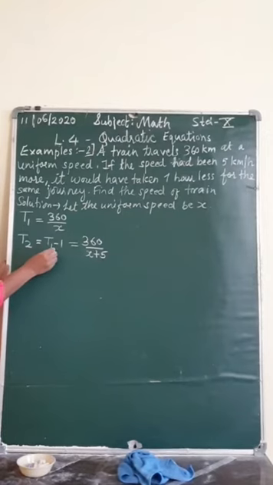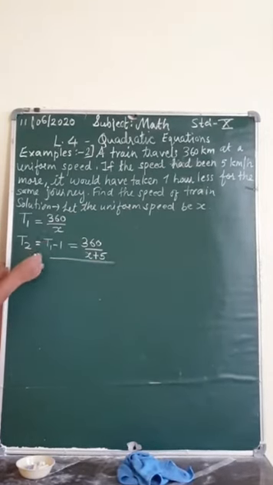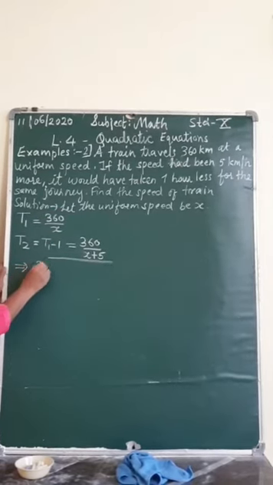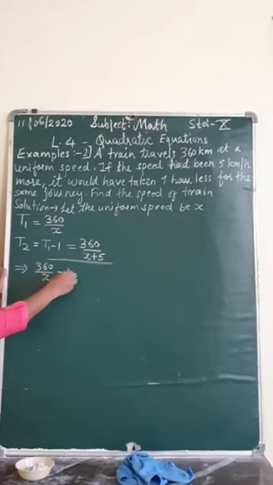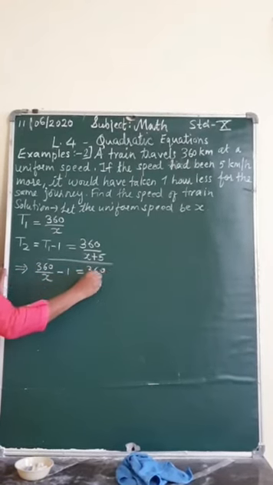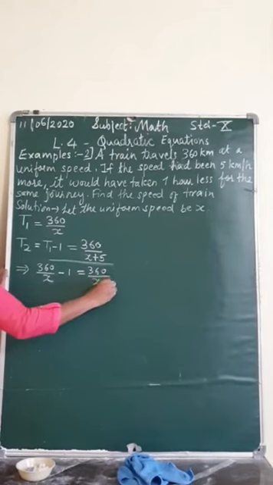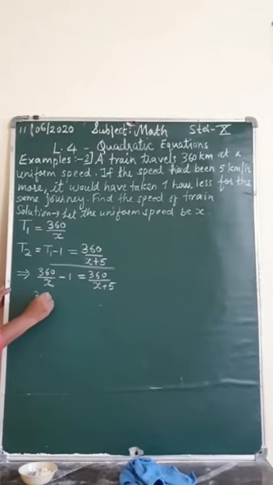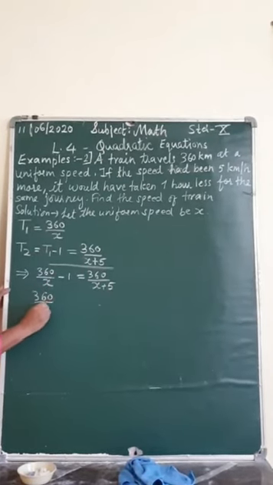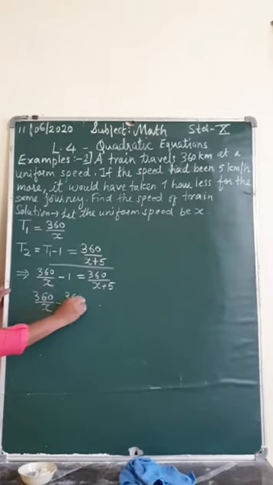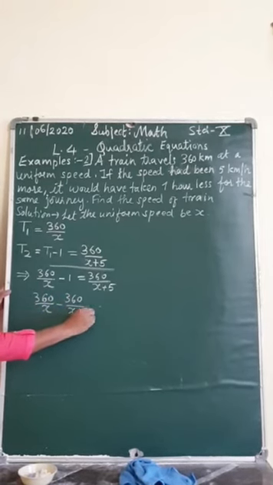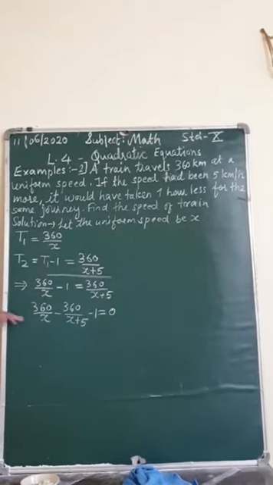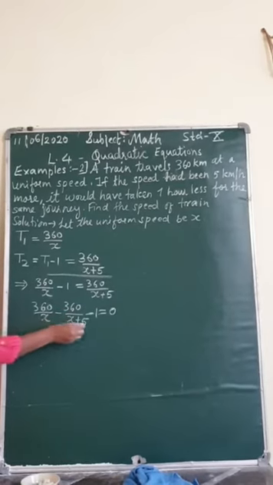So here we have the equation. T1 is 360 upon x, minus 1 is equal to 360 upon x plus 5. Now if you transpose this, we get 360 upon x minus 360 upon x plus 5 minus 1 is equal to 0. Now find the LCM.